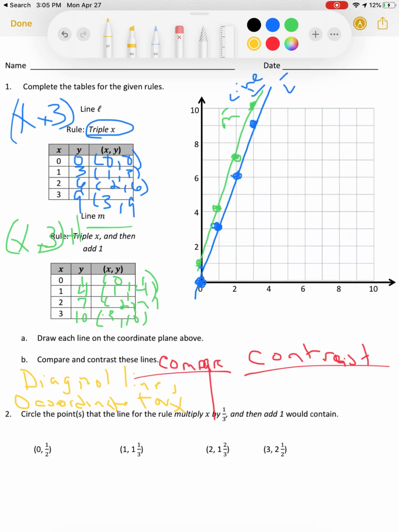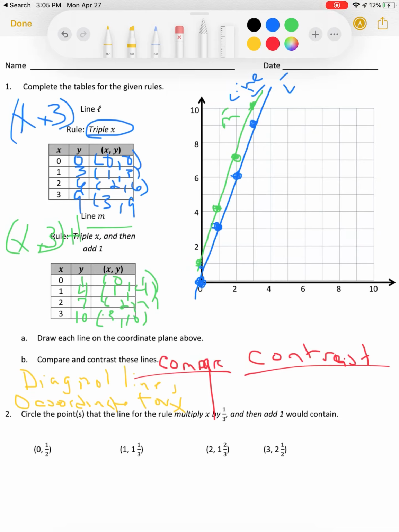Okay, and it looks like our coordinate pairs are very similar on the x-axis. Let me show you. So here on the x-axis, they grow in progression from 0 to 1 to 2 and then 3. And then for line M on the x-axis, the same thing. They grow in progression from 0 to 1 to 2 and 3.